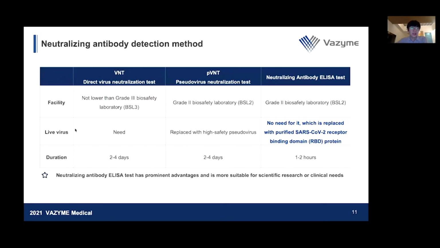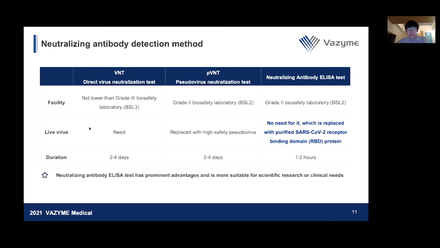So it is very dangerous and cannot be done in many labs. As for the duration, the live virus analysis and the pseudovirus are quite similar because they are all based on the cell model. So 2 to 4 days is required.